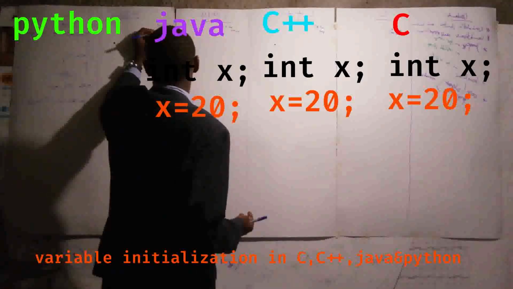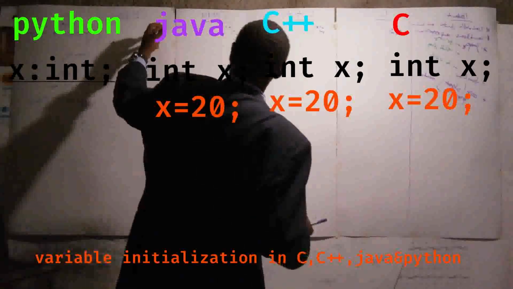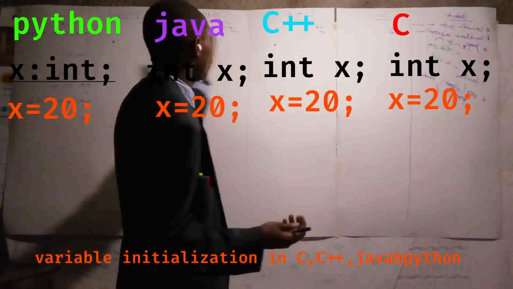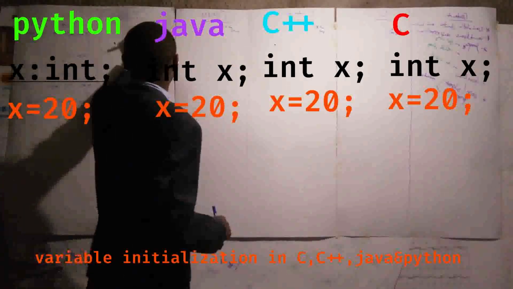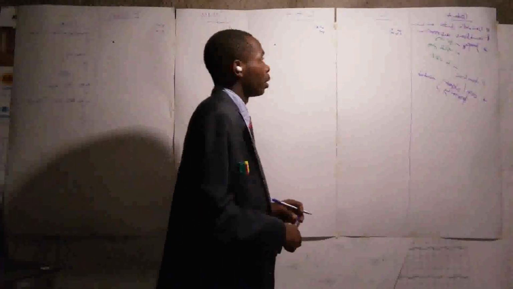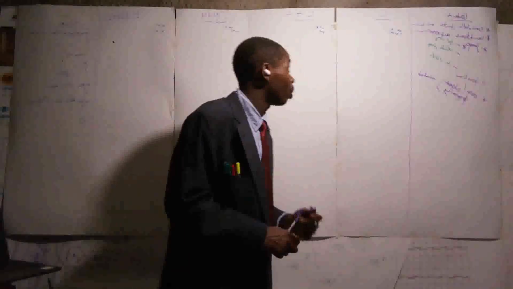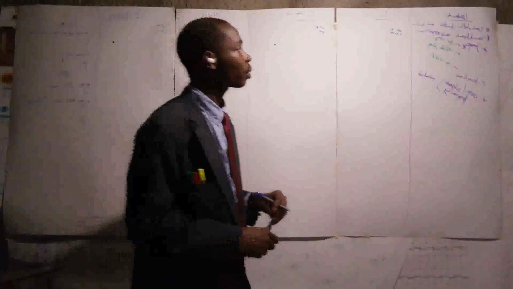In Python, you declare the variable or the expression with equal to, the same as in C++ and Java: x is equal to 20, semicolon. So this is variable declaring and variable initializing in C++, Java, and Python.